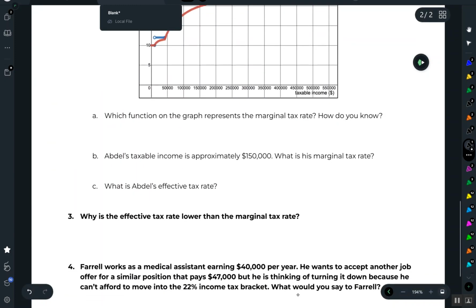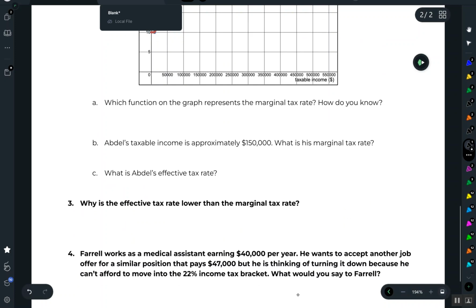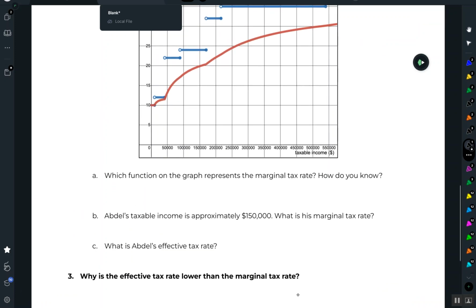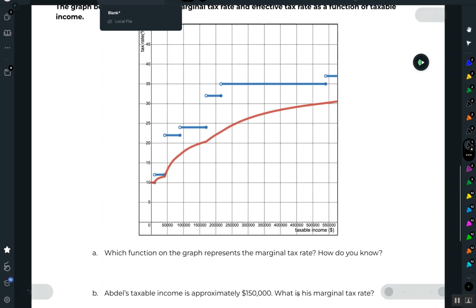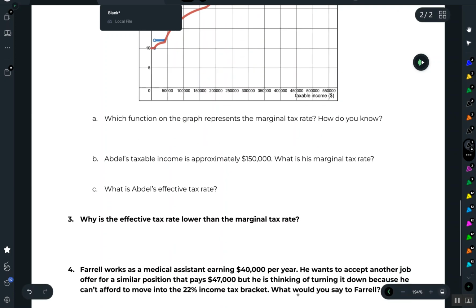Then they ask you some questions. You have to decide which one is the marginal tax rate versus the effective tax rate. Remember, the marginal tax rate is the highest bracket you're in, and it lasts for that entire bracket. Then they give you a person's income and ask what is his marginal tax rate.